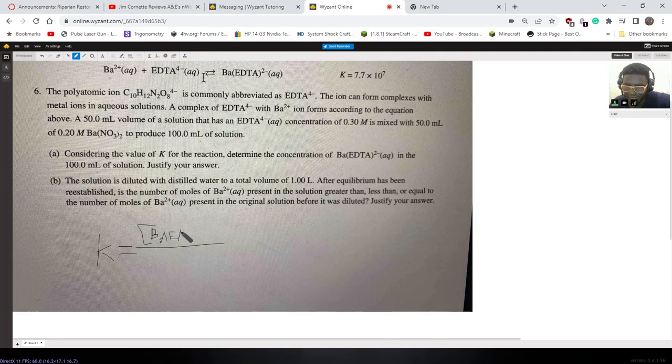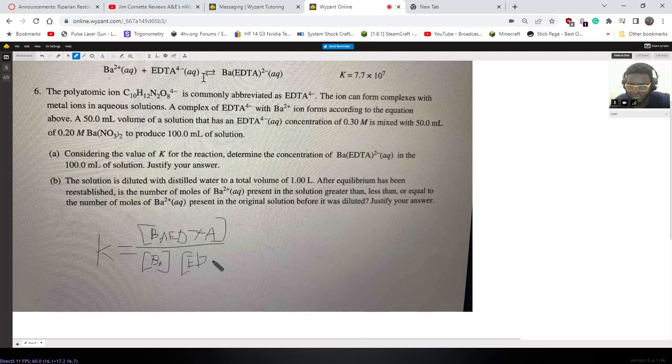EDTA is a common solvent in organic chemistry and biochemistry. You'll see it a lot in the future if you plan on a career in science. And then you have barium in the denominator.